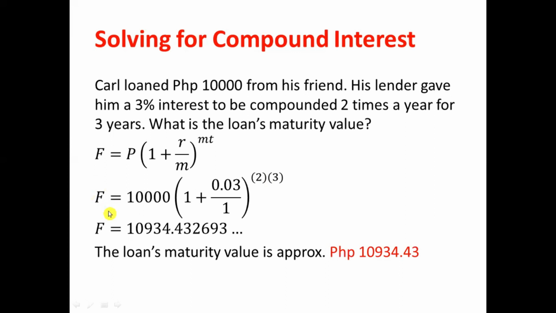But in calculating now for the future value, we will get 10,934 pesos and approximately 43 centavos. So the loan's maturity value is that 10,934 pesos and 43 centavos. That is for compound interest, where it is compounded 2 times a year.